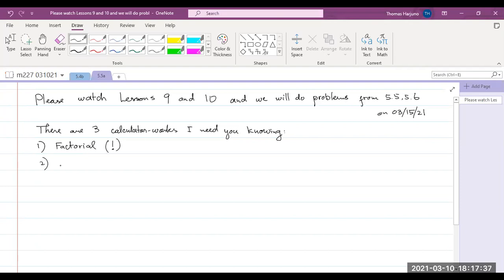The second one is permutation, it's nPr. And the third one is combination, it's nCr. Now this n and r, the n and r are subscript, which means it's smaller and lower.